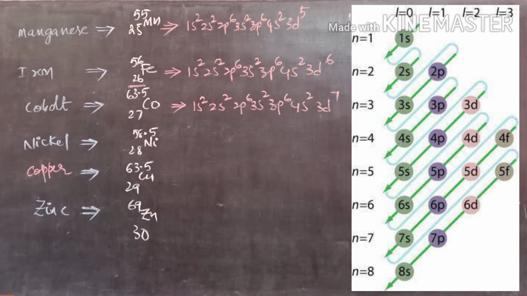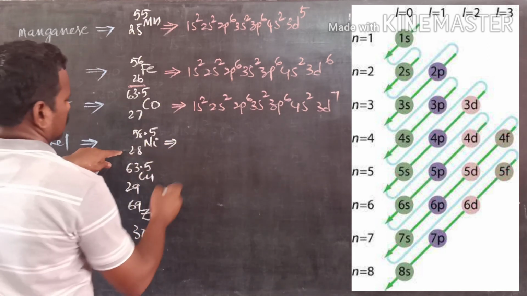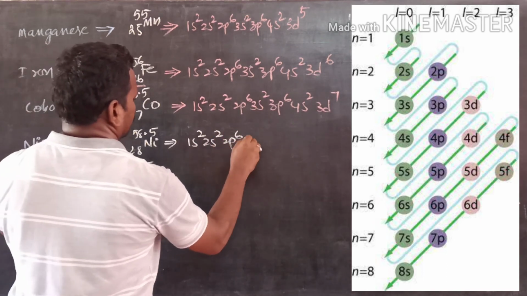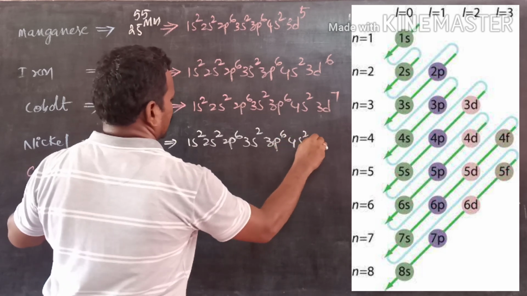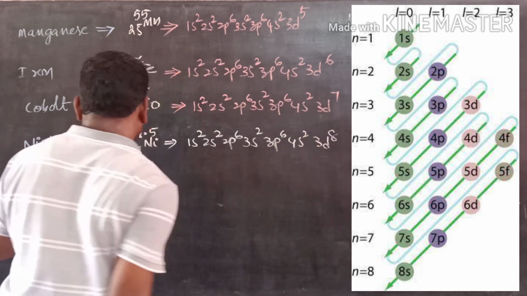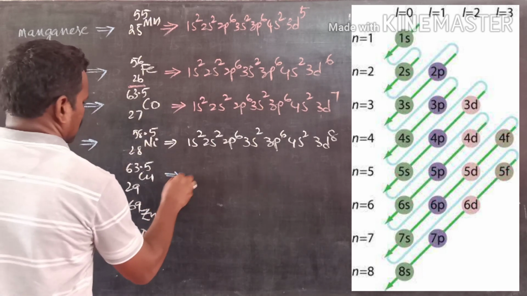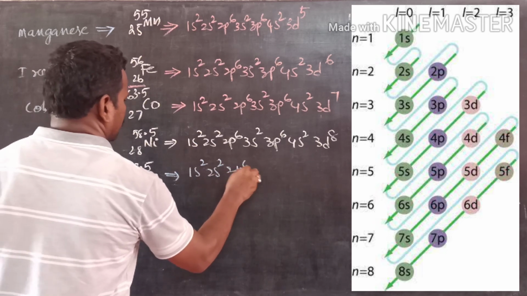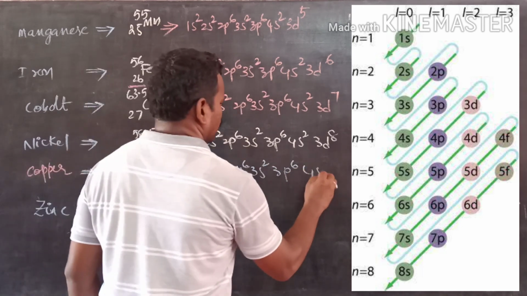Now observe the electronic configuration of nickel, whose atomic number is 28: 1s2, 2s2, 2p6, 3s2, 3p6, 4s2, 3d8.